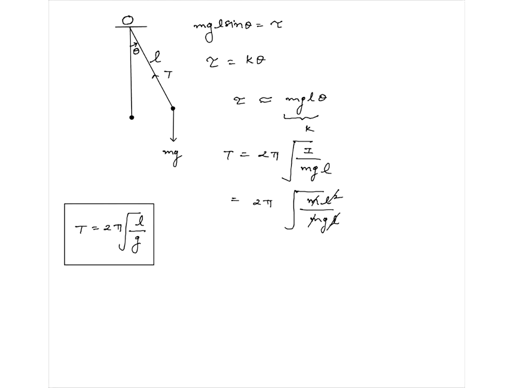There is an alternative treatment to arrive at the result for T for a simple pendulum, and that treatment takes the motion to be straight. Now, is it good or bad?